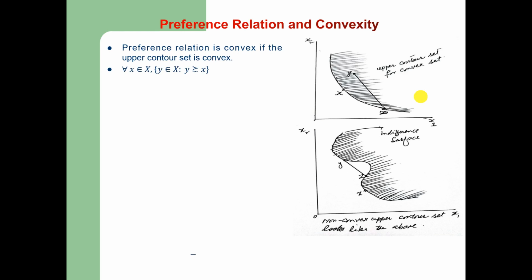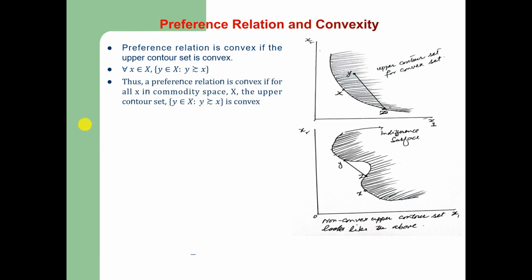We have been discussing this for quite some time, and it means mathematically that for all x in the domain X, the set of y in X such that y is at least as good as x is convex.